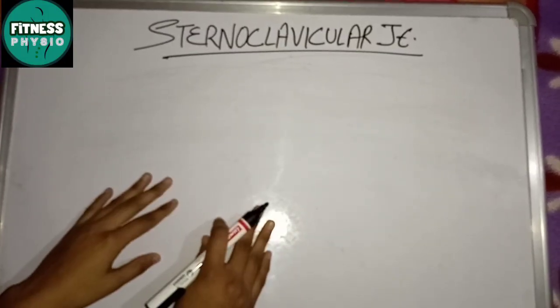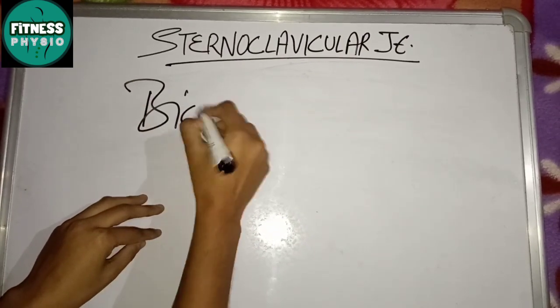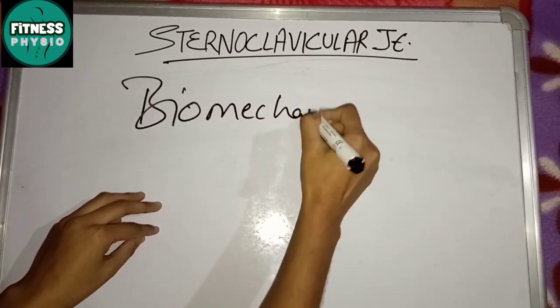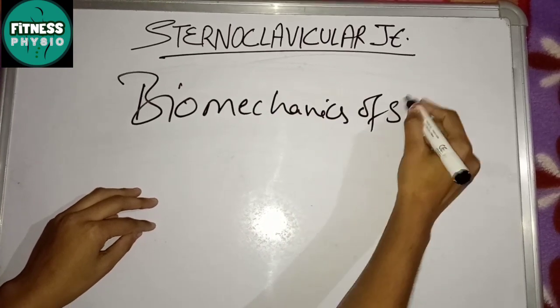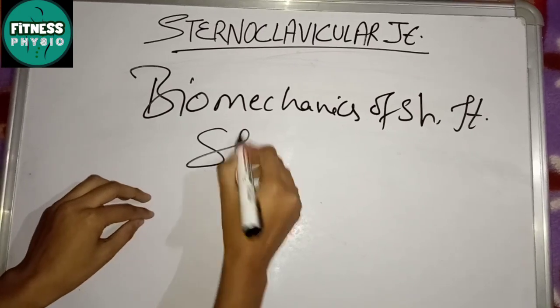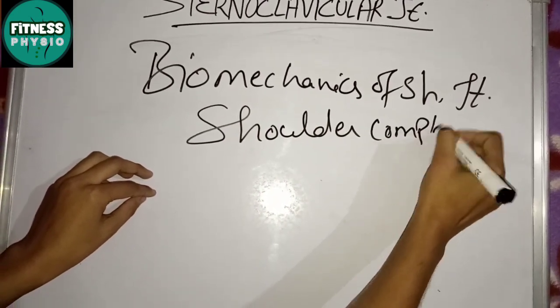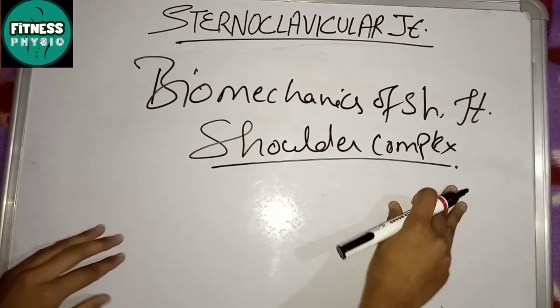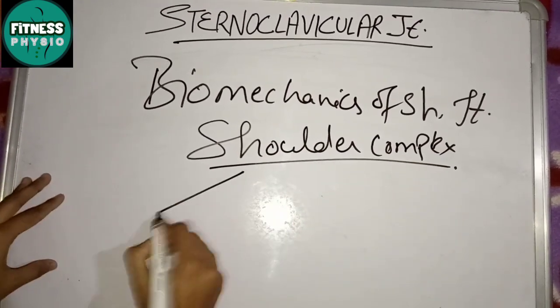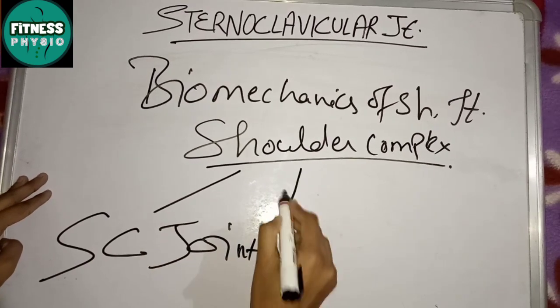I am Soumya Tiwari and in this video we will be talking about biomechanics of shoulder joint. So you all know that your shoulder complex consists of four joints. First is SC joint, that is sternoclavicular joint.